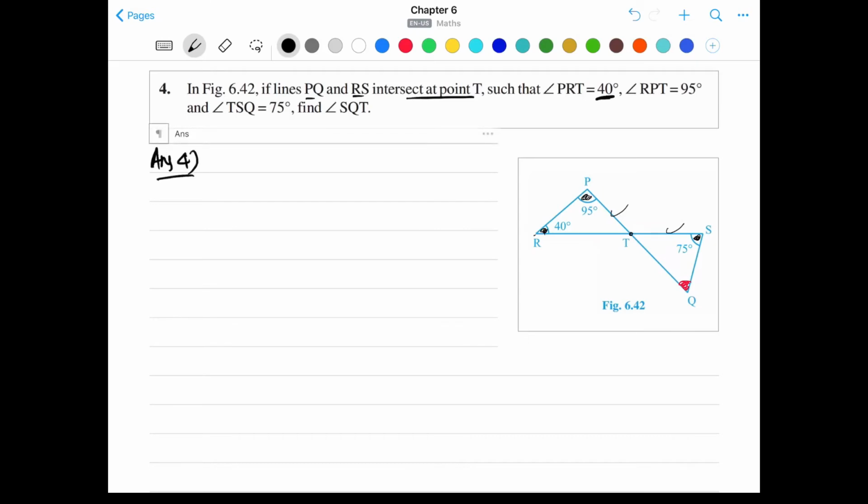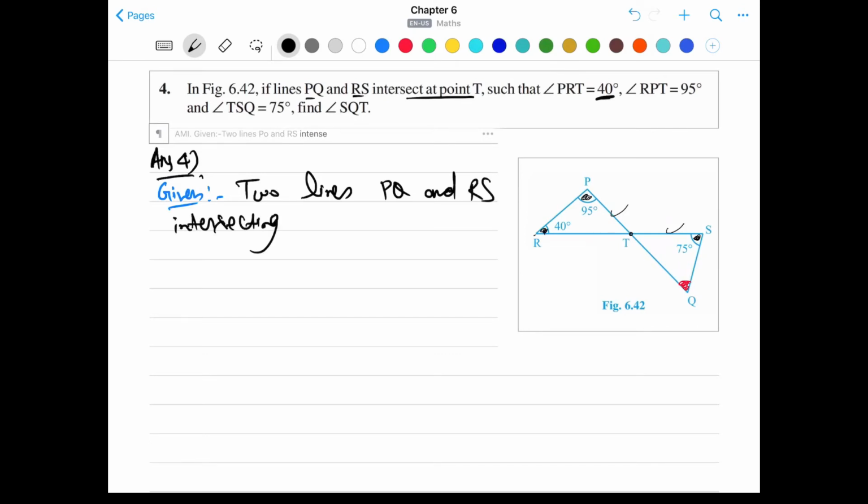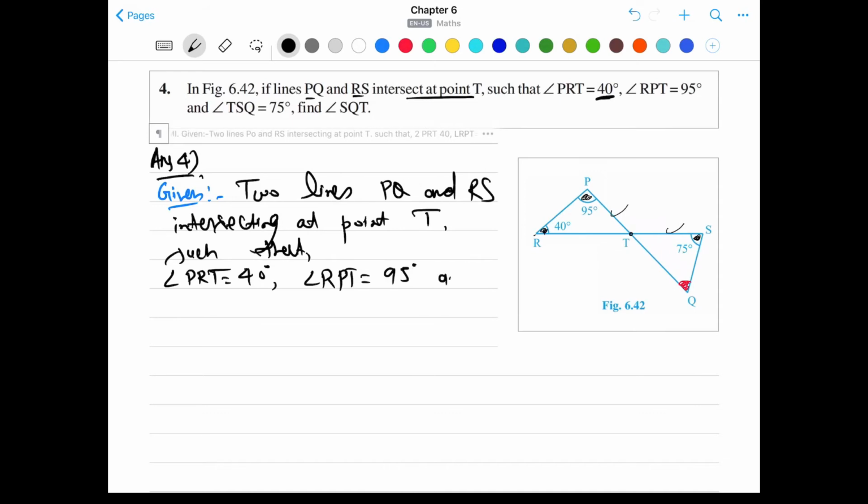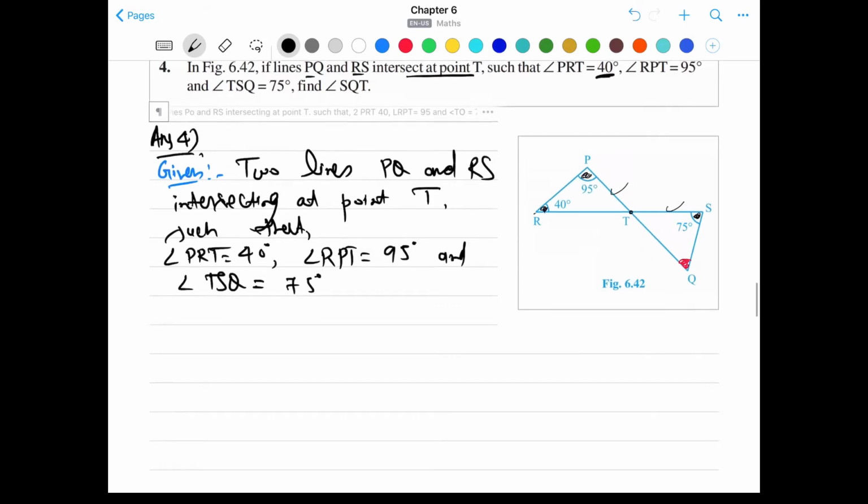Let's answer number 4. First we will write the given: two lines PQ and RS intersecting at point T such that angle PRT is equal to 40 degree, angle RPT is equal to 95 degree, and angle TSQ is equal to 75 degree.